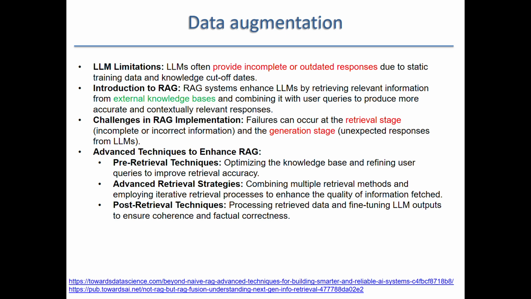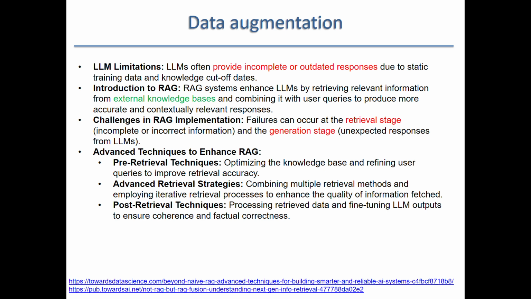It solves some limitations. For instance, LLMs have learned on outdated data, or they may provide incomplete responses, and with this RAG you are complementing whatever the language model knows with extra information.